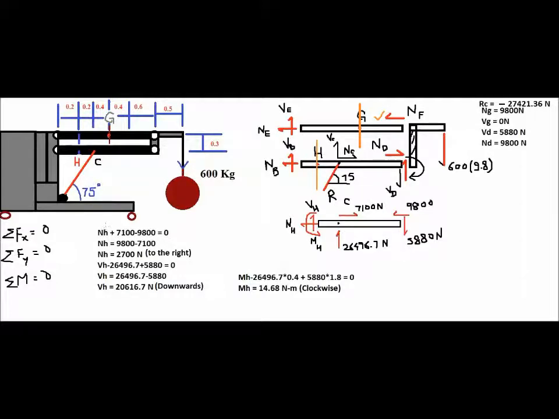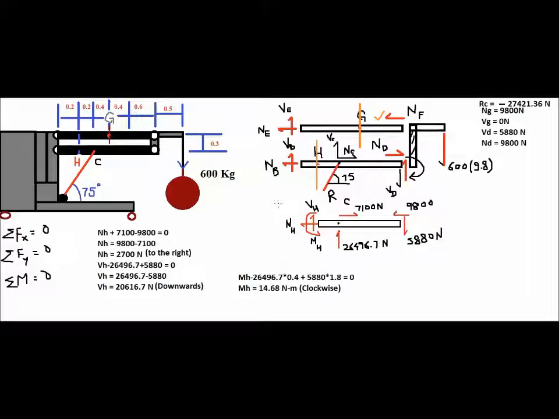We calculate this and we found NH to be 2700 newtons. Now this 2700 newton is positive, which means the force is acting on the right hand side. So at that point the force is acting in this direction. It's like the force which is acting down on this beam is basically trying to tear it apart, by 2700 newtons.